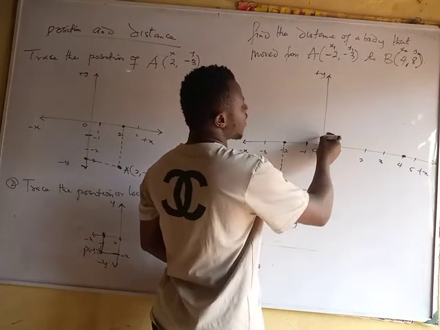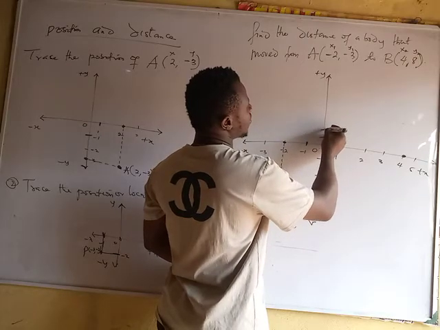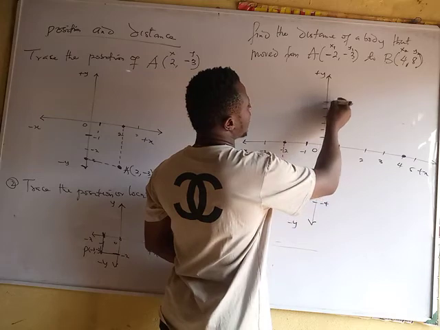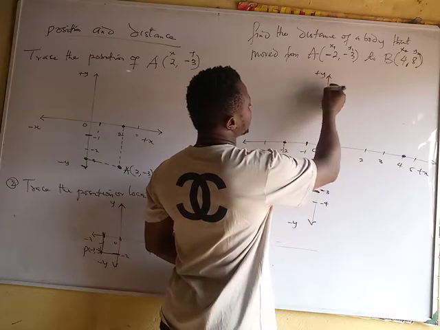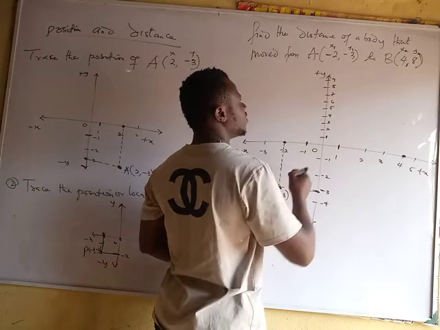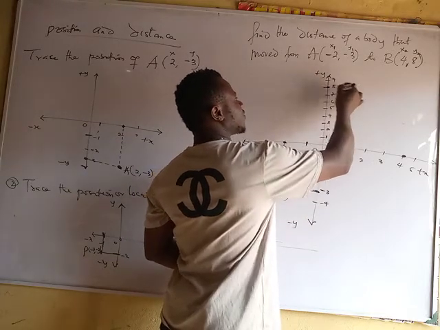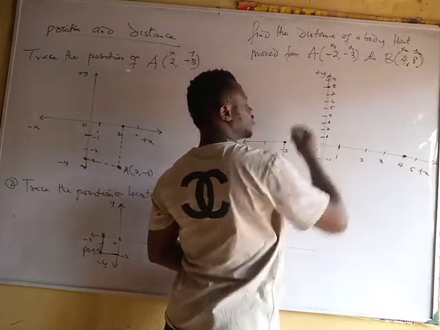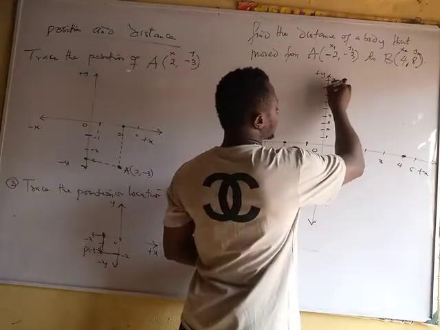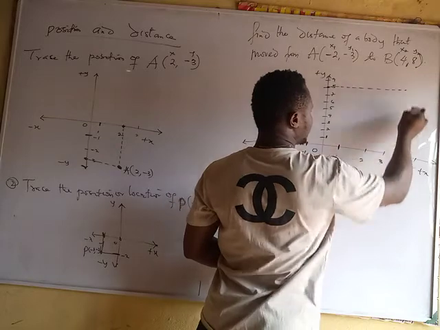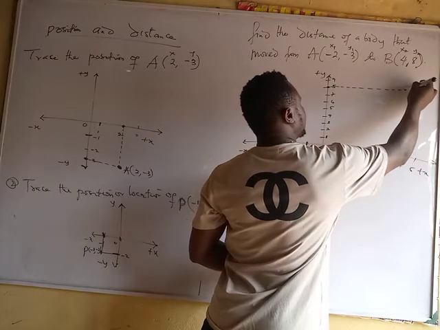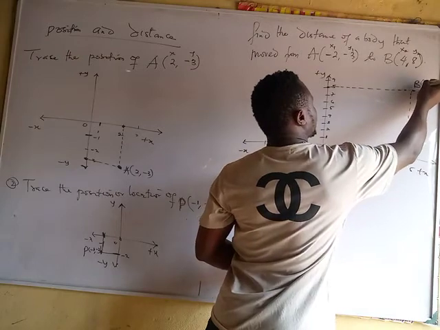And if I have 1, 2, 3, 4, 5, 6, 7, 8, it is a positive 8, we have 9. Look at where we have Y at 8. So where can these two points meet, intersect? By tracing this one like this and tracing the other one like this. So this is our B, which is (4, 8).